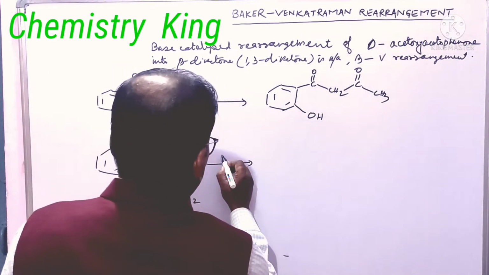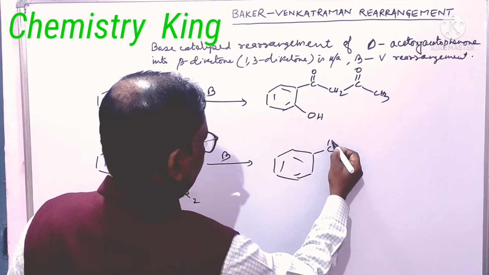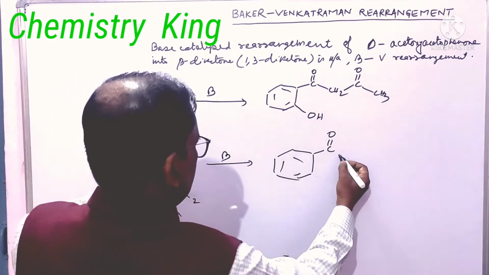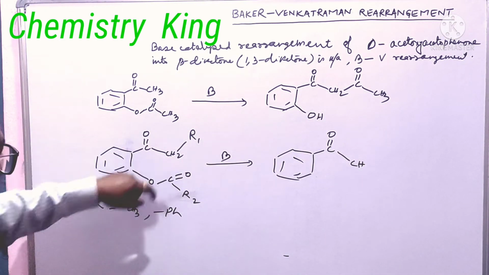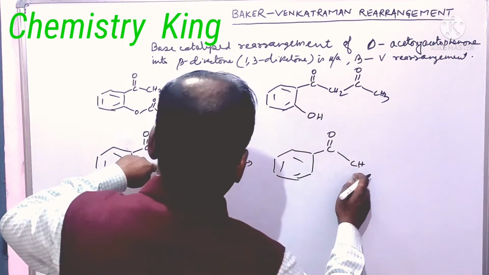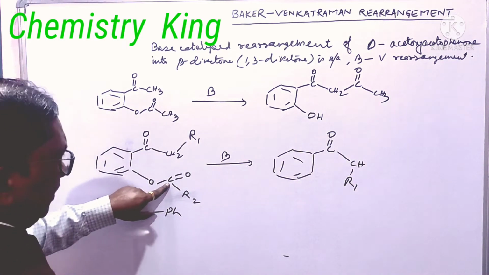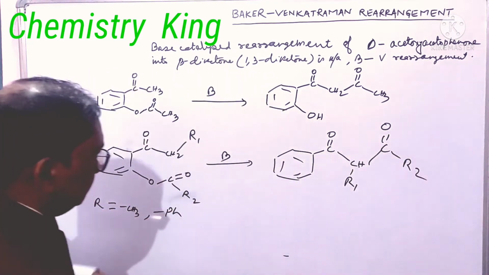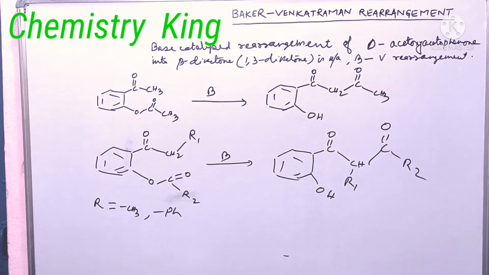And so, in presence of base, you will get this: C double bond O, here this part will come here, CH2, and here not CH2 but CH, it is R1, and this part C double bond O and R2 here, and this O will now become OH. This is the product, beta diketone.